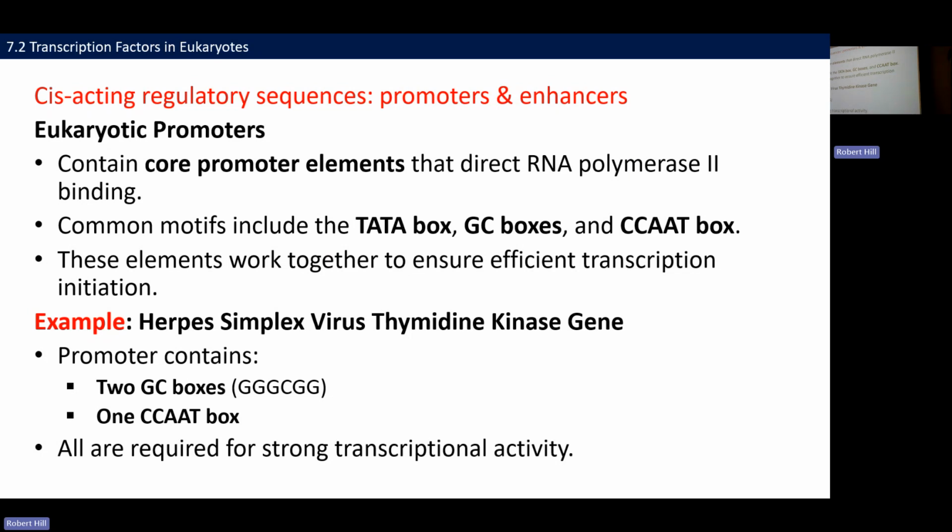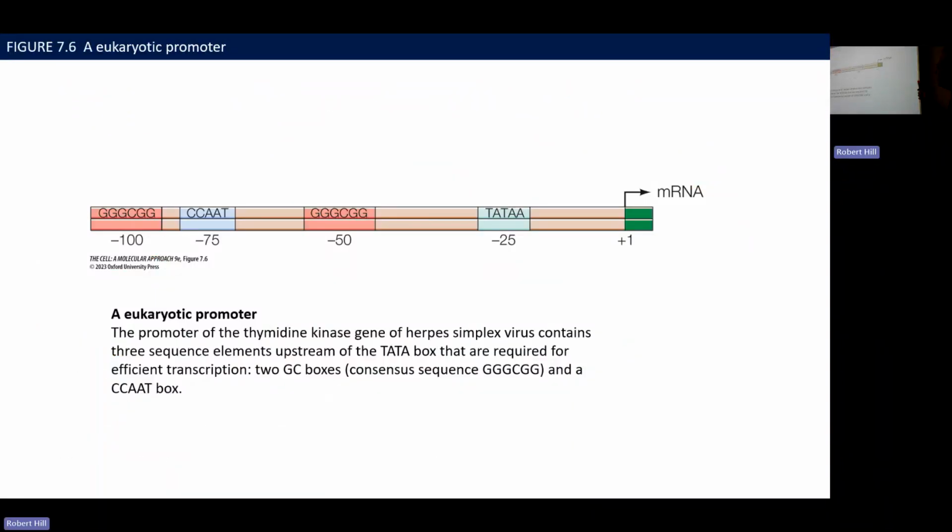If you look at this promoter sequence, it's got all these different sequences, -25, -50, -75. Here's +1, so that's where transcription begins. And in order to get good, efficient transcription of that gene, all of these different elements have to have a different transcription factor bound to them.